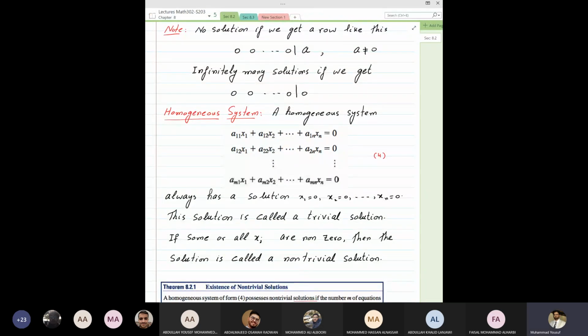Okay, so one thing we should know is that if the number of variables is more than the number of equations, we have some free variables. Now, in case of a non-homogeneous system, we may have a situation where there is no solution. Like we have two planes which are parallel.